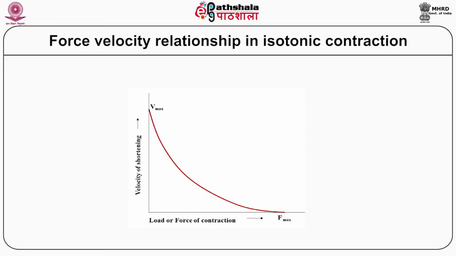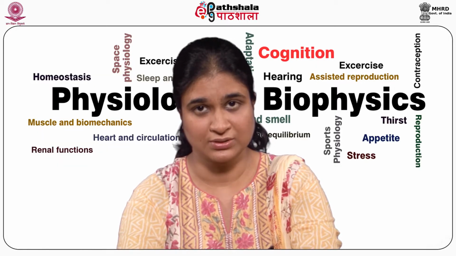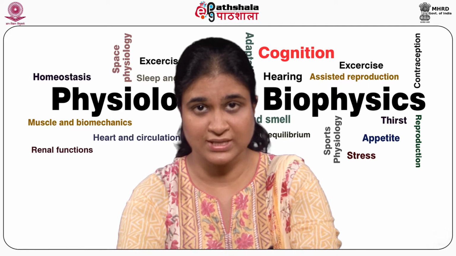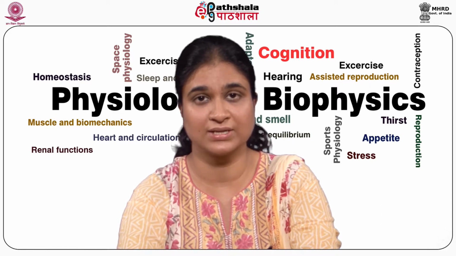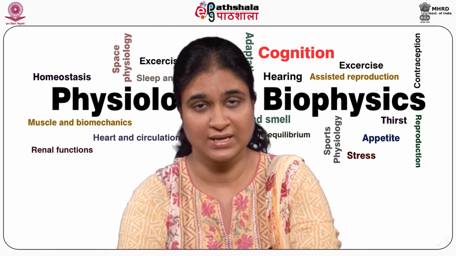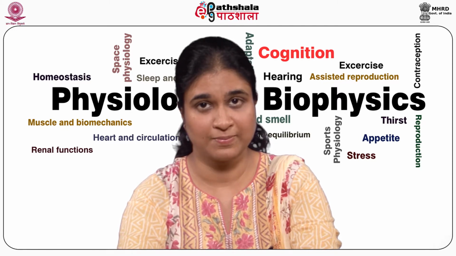Now, to assess the mechanical performance of the muscle contracting isotonically, the relationship between the load or the force of contraction and the velocity of shortening is studied, and this is expressed as the force-velocity relationship. In isotonic contraction, the force of contraction is found to be inversely related to the velocity of shortening, as shown in the figure.